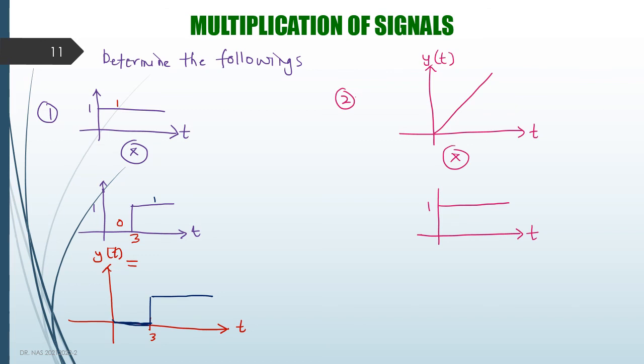Look at the second example on multiplication. You have an increasing signal, y(t) equals t, across t, and y(t) equals 1 across t. So what happens here? For example, at 1, the value is 1. So 1 multiplied with 1 is 1.